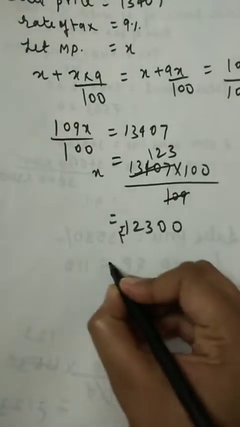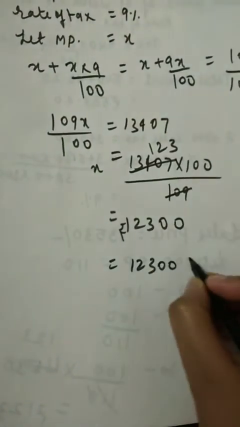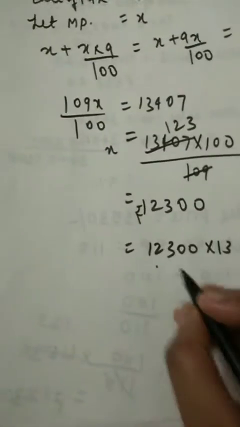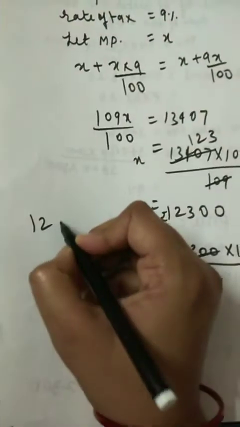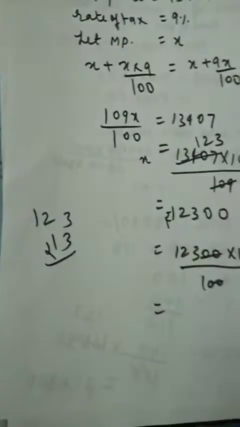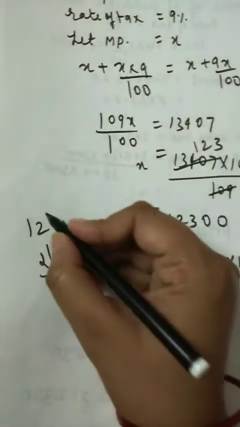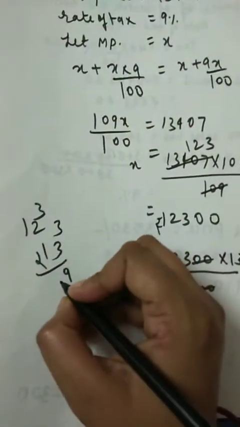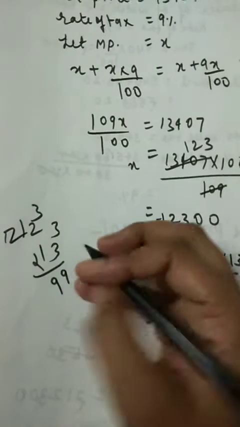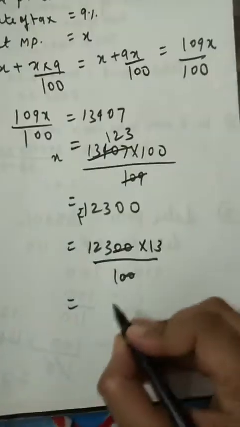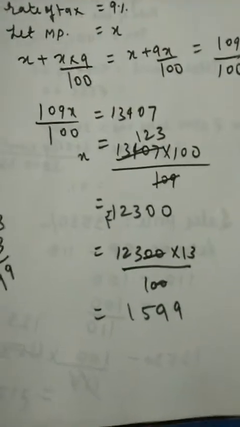So now we will find 13% of this. When we calculate this, we just have to multiply this 123 by 13. 13 3s are 39, 13 2s are 26, 26 27 28 and 29, 13 1s are 13 and 2 15. So we got 1599.